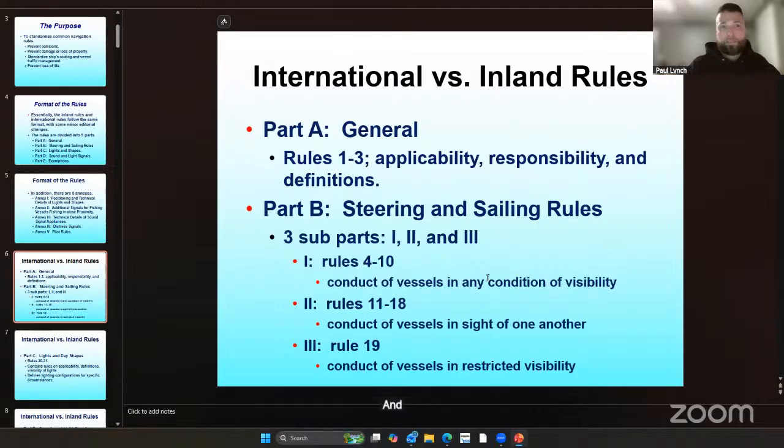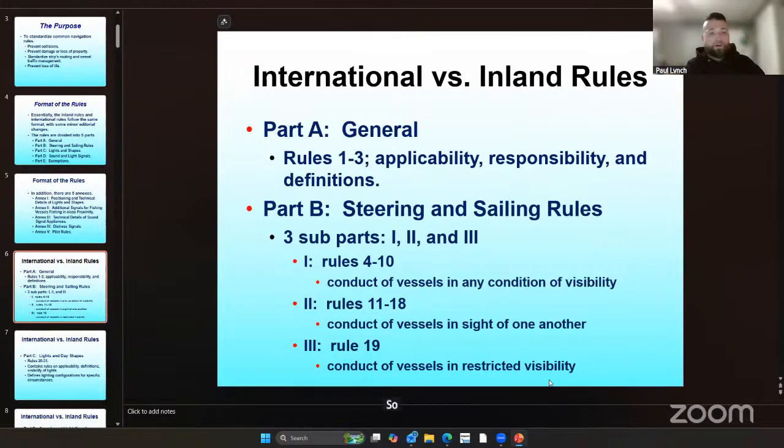So that's the definition of being in sight of one another, when one can be visually seen by the other. And then we're going to also learn about conducting vessels and restricted visibility.